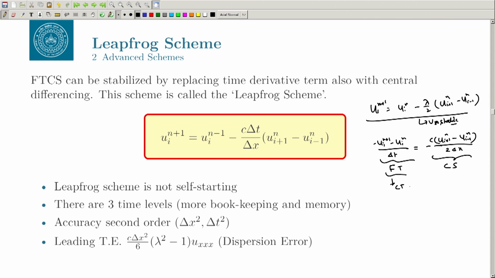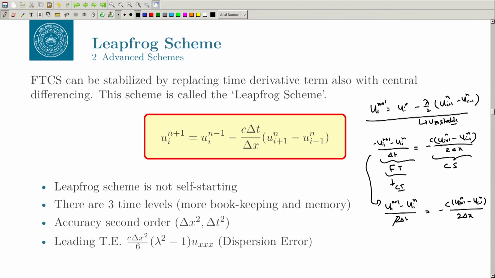So, then this will become (u_i^(n+1) - u_i^(n-1))/(2 delta t). We are using central differencing in the time also, equal to -c (u_(i+1)^n - u_(i-1)^n)/(2 delta x), right.